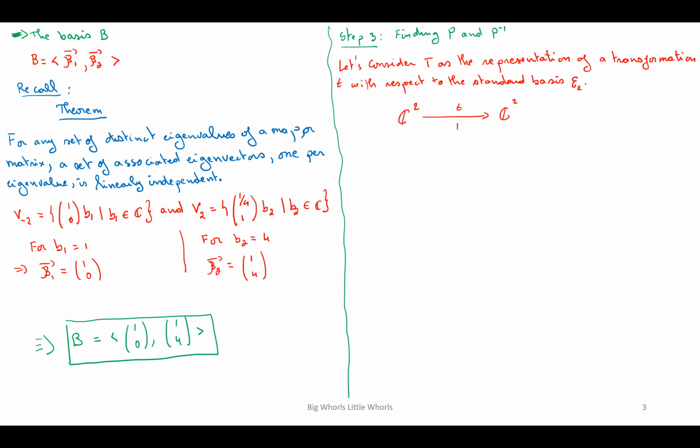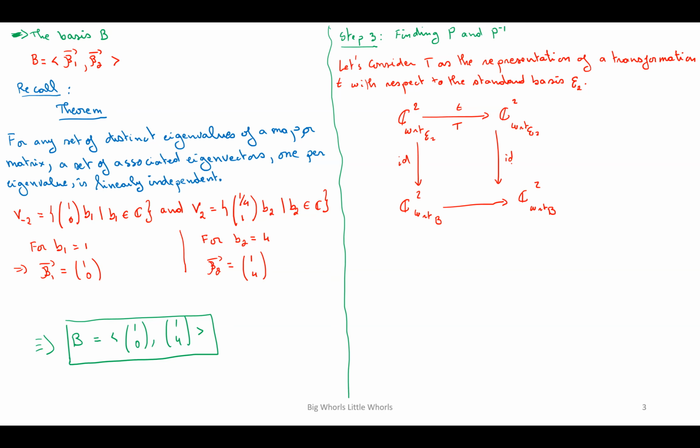So that's T. The transformation small t represented by big T, with respect to E2, E2. Okay, and here we have C2 with respect to our new basis B, and C2 with respect to B. And now we have our identity maps.